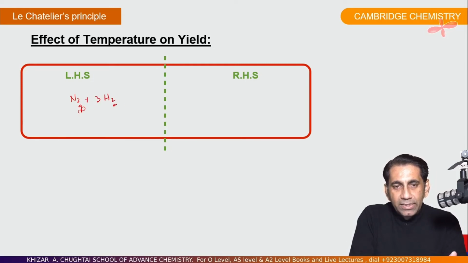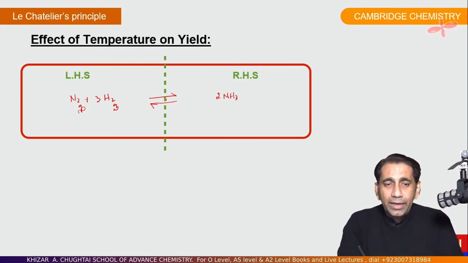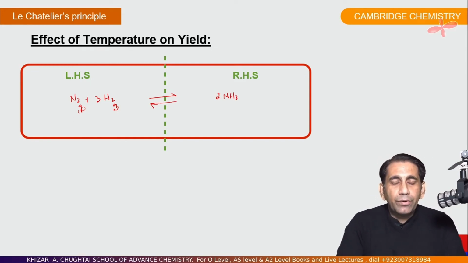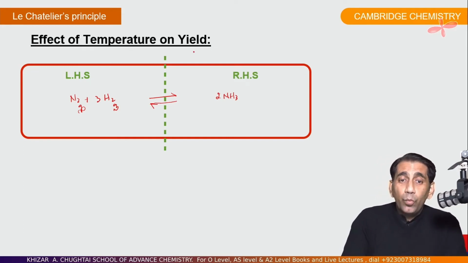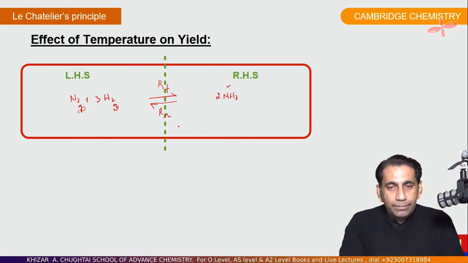Both are gases. They are meeting together. Initially, they react together to make 2 moles of ammonia. After some time, ammonia starts to decompose, the reverse reaction starts, and it makes nitrogen and hydrogen back. A time will come when the rate of the forward reaction, I mean the rate of formation of ammonia, is equal to the rate of decomposition of ammonia. This stage is said to be dynamic equilibrium.